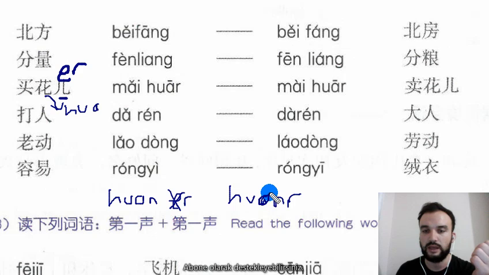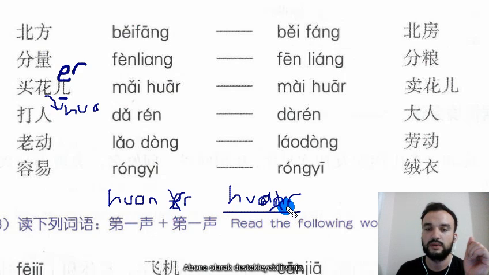This one is A, so we ignore it. We write it like this, but when we read, we ignore this N. So we read it like Huar, Huar. I hope you understand this, and later we will practice this a lot.